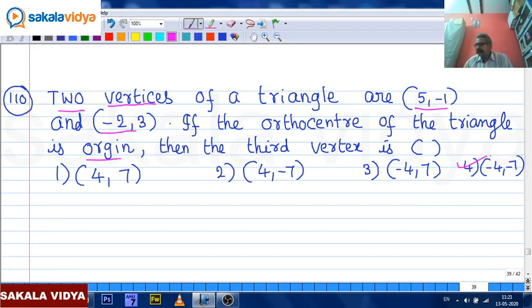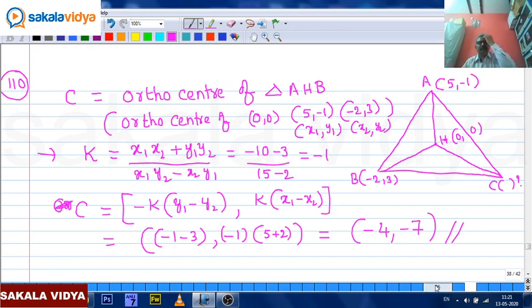Fourth option is the right option. You check it now. x1 x2 is minus 10, y1 y2 is minus 3, x1 y2 is 15 minus x2 y1 which is plus 2 into minus 1, giving minus 13 by 13, so k is minus 1.